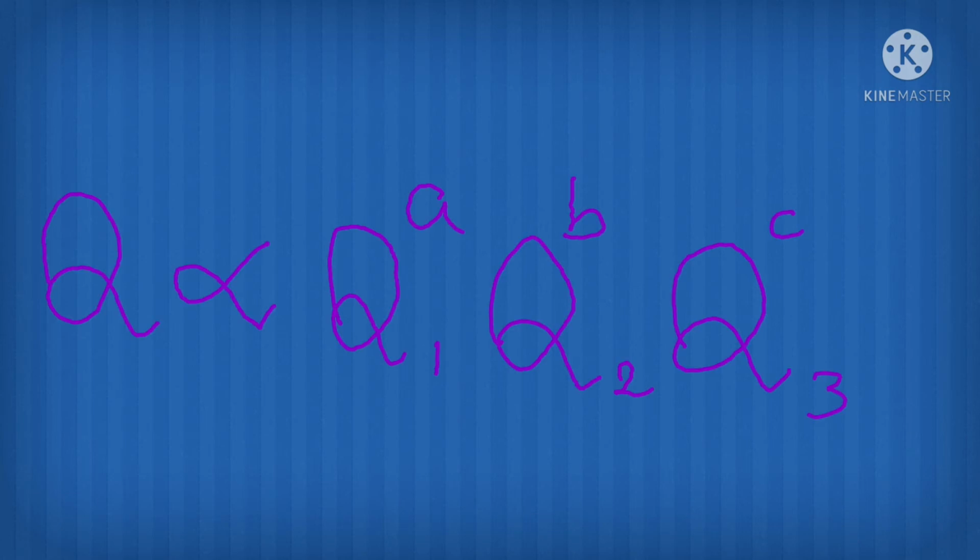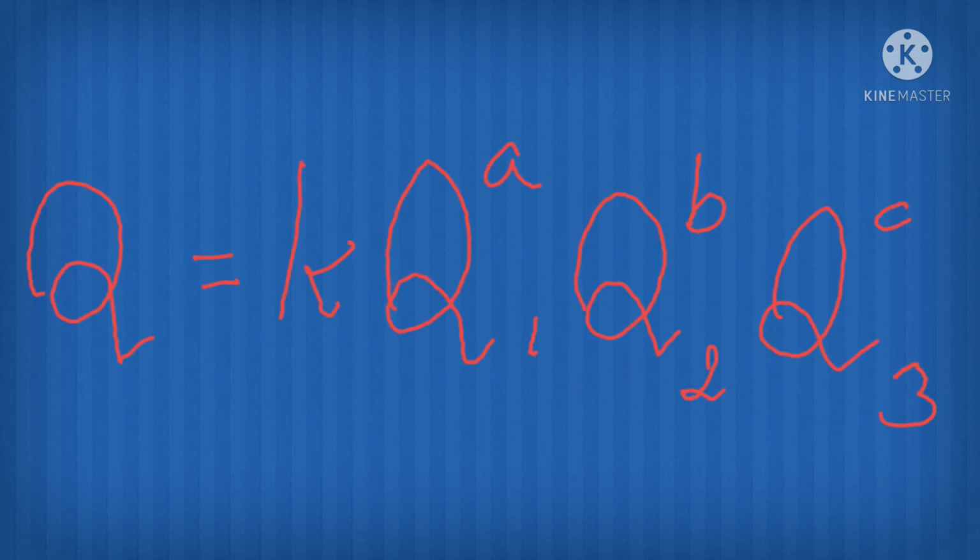Then we can write the expression as Q is directly proportional to Q1 power a, Q2 power b and Q3 power c, which is equal to K into Q1 power a, Q2 power b and Q3 power c, where K is a dimensionless constant.